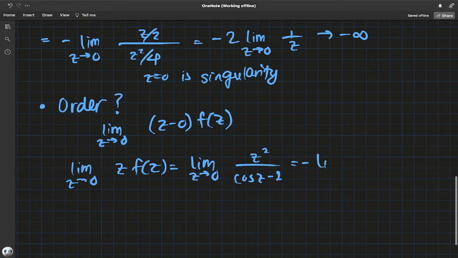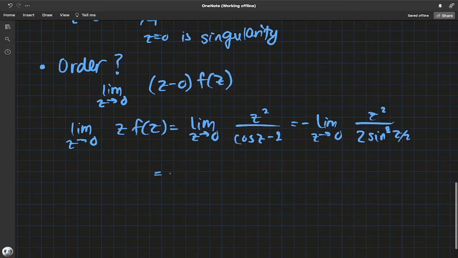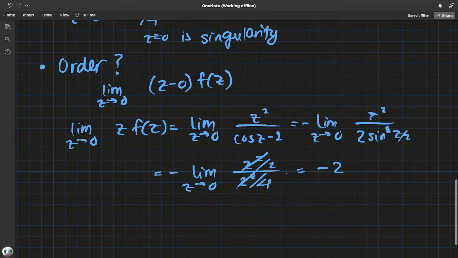We have negative limit z goes to 0 of z squared over 2 sine squared z by 2, again using the thing I used before. I have z squared over 2 and z squared over 4. Luckily this cancels out, all the z cancels out, and we have negative 2.